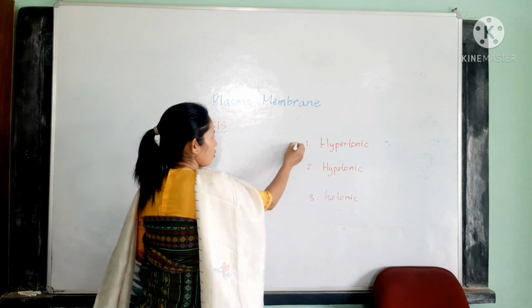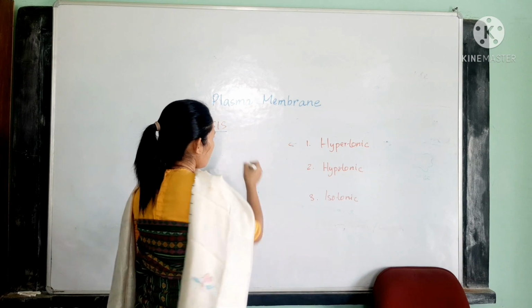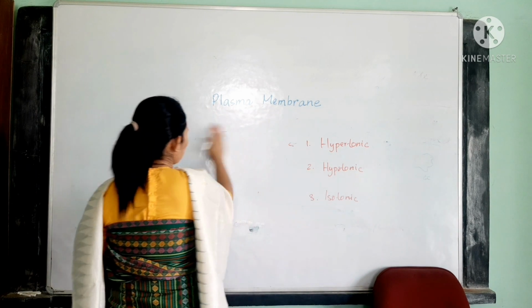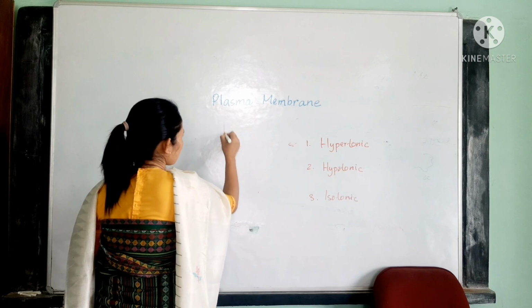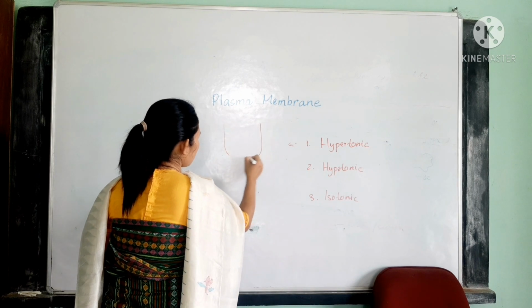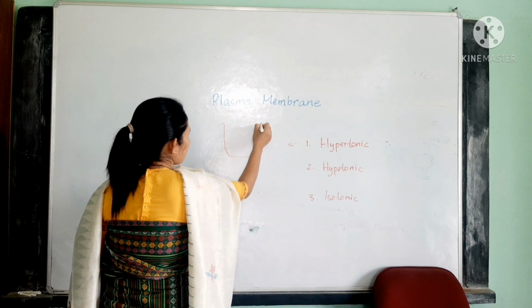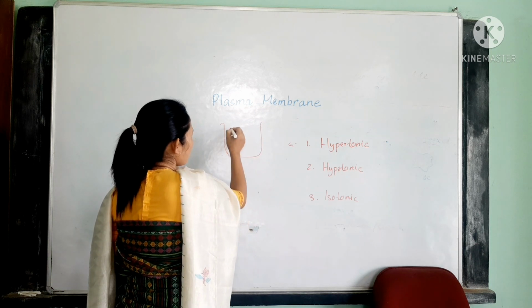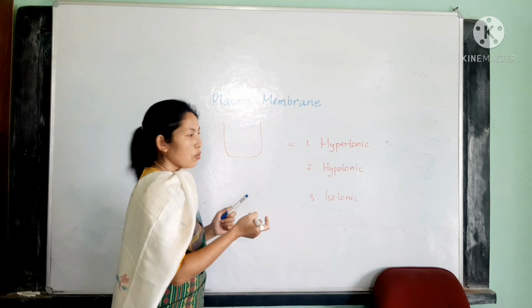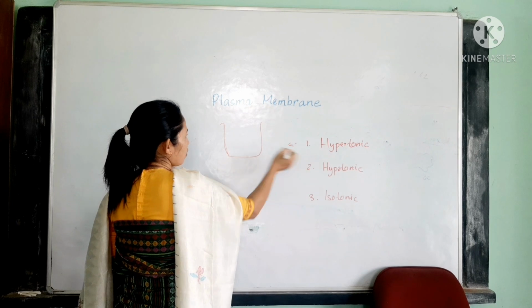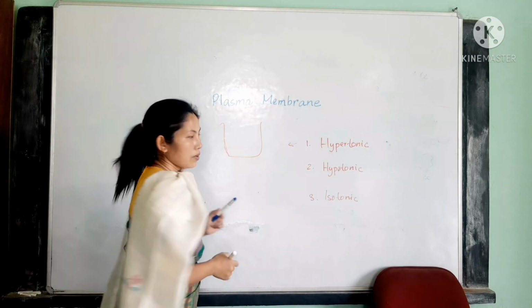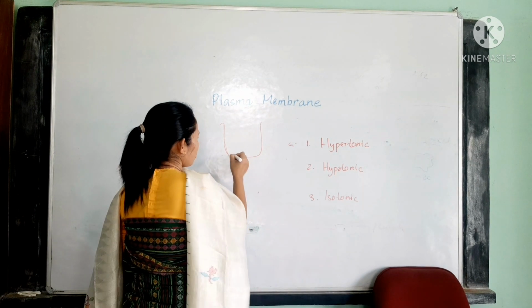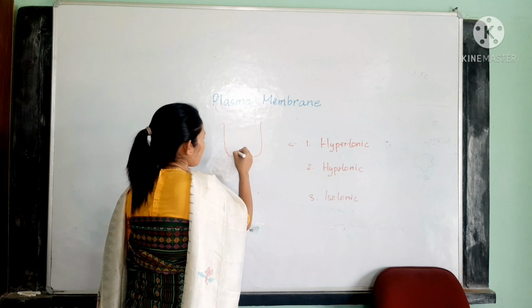In the case of the hypertonic solution, suppose this is a beaker containing a hypertonic solution which has more of the solute, right? So the solute concentration is high.